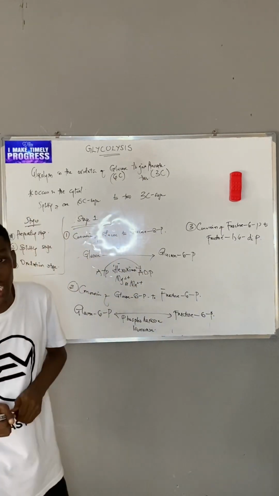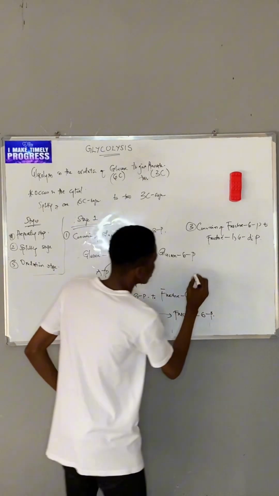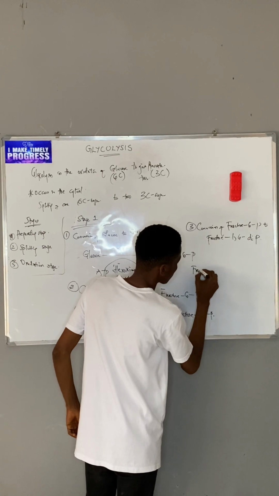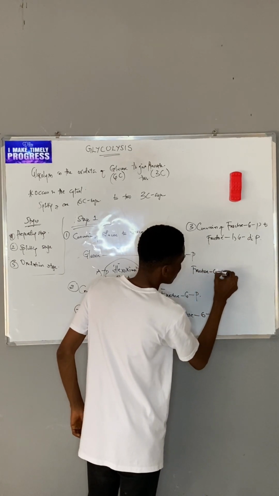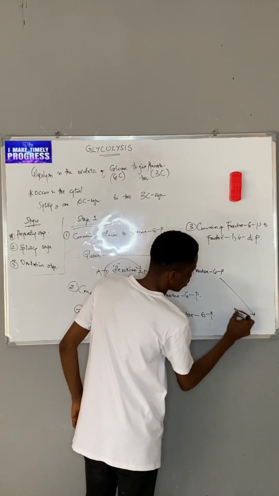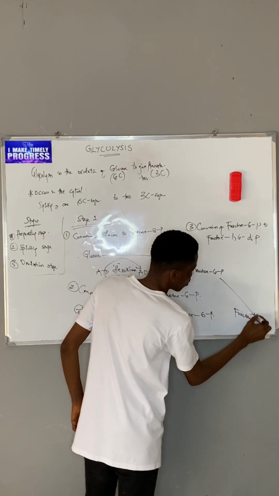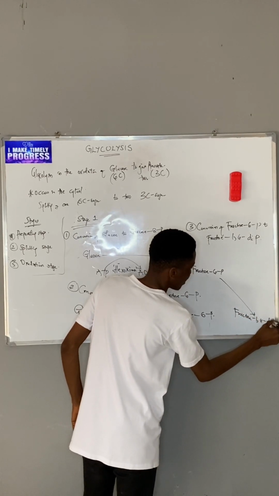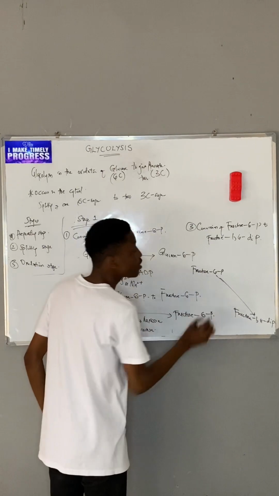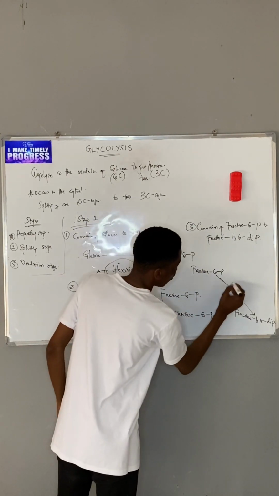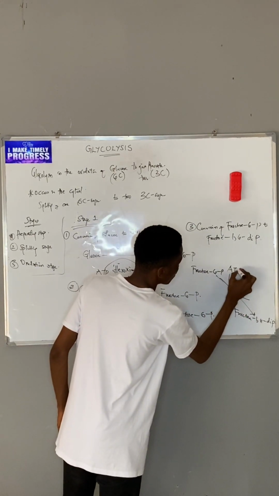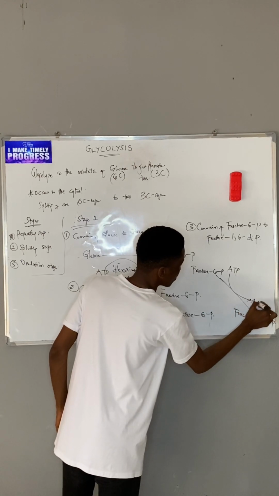And the enzyme this time around is still a kinase. So I'll be starting with a fructose 6 phosphate, and I'll be heading down to a fructose 1,6 diphosphate, and it is irreversible. And of course, the source of phosphate is ATP. They give ADP.